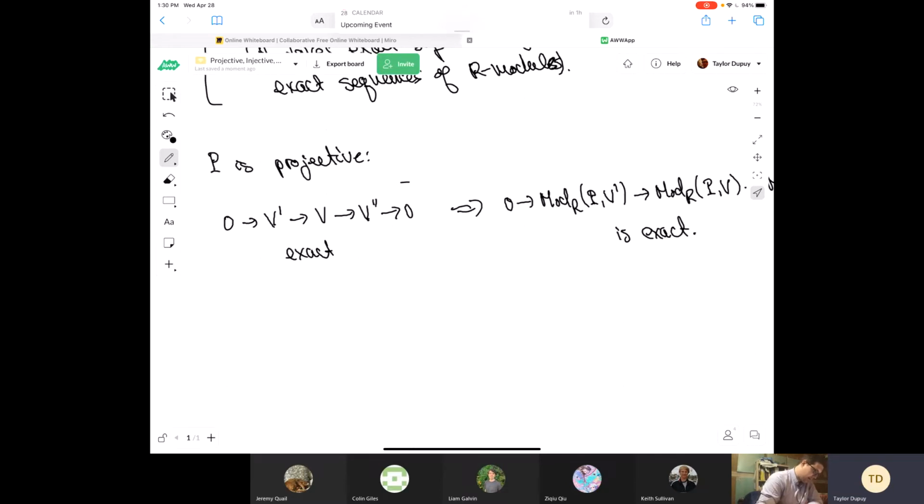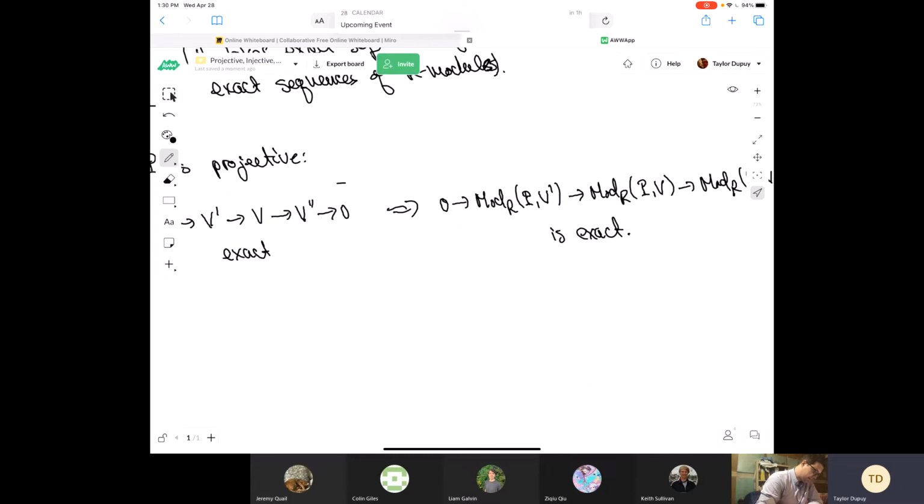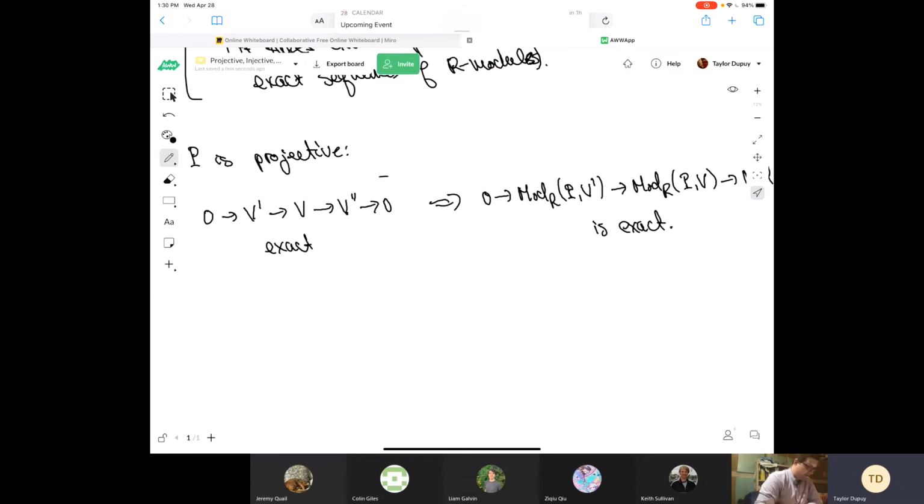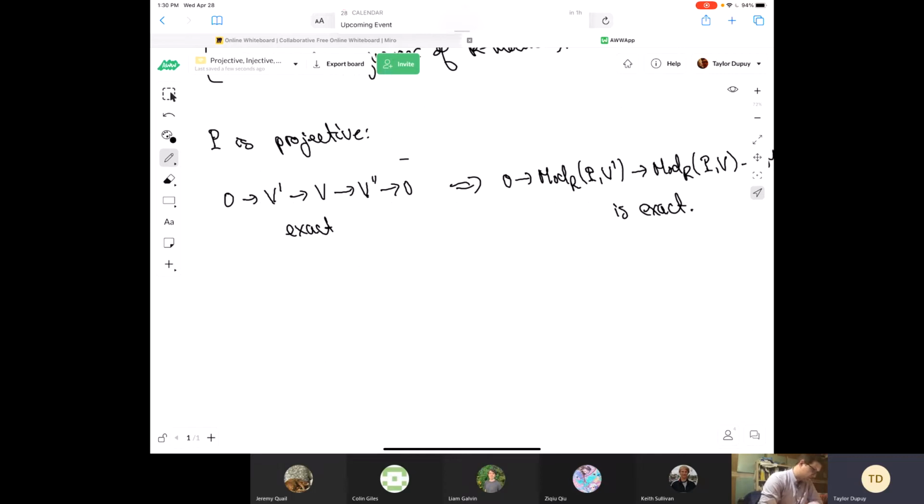And let me just remind you here, a sequence is exact if the image of one map is the kernel of the next. So recall.